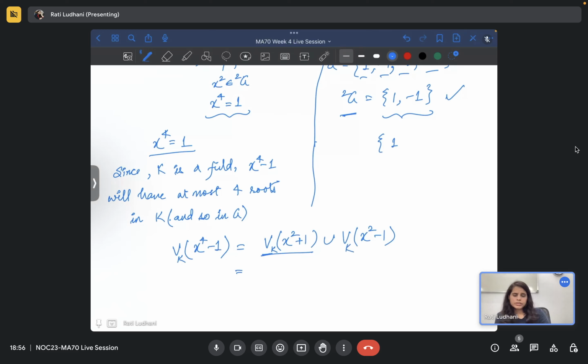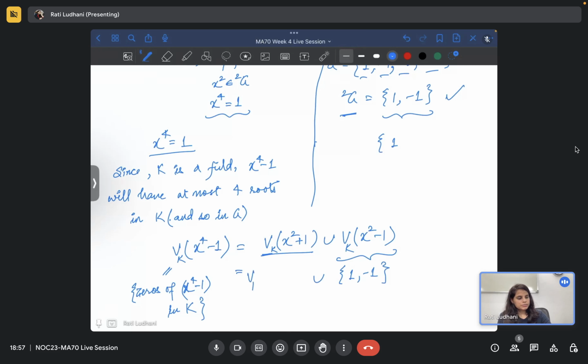Even I can think of this in G. That will not be a good notation to write, but okay. So this is like the set of zeros of x raised to power 4 minus 1 in K. So in the field K, what are all the zeros of x raised to power 4 minus 1? This is the set of that. Now this means the roots are 1 and -1, because this will have just 2 roots and these 2 roots are there. So we have this, that's okay.